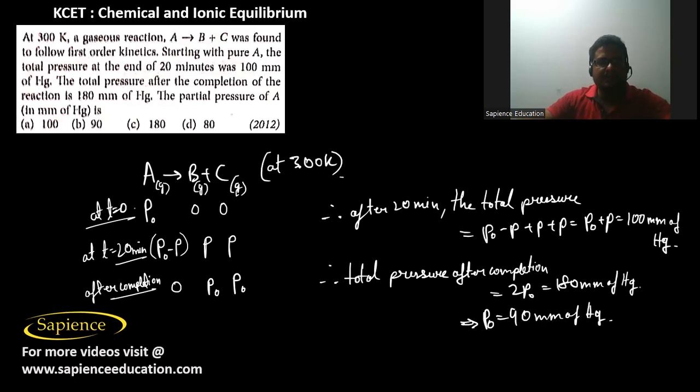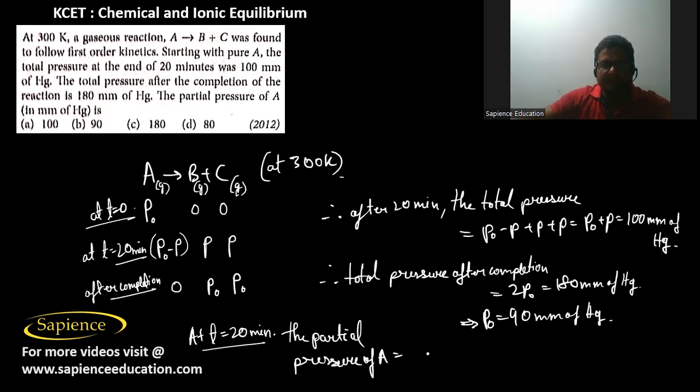Now the partial pressure of A is how much? We have to find the partial pressure of A at t equal to 20 minutes. So the partial pressure of A will be equal to P naught minus P. From here we can say P naught is 90, so 90 plus P is equal to 100.